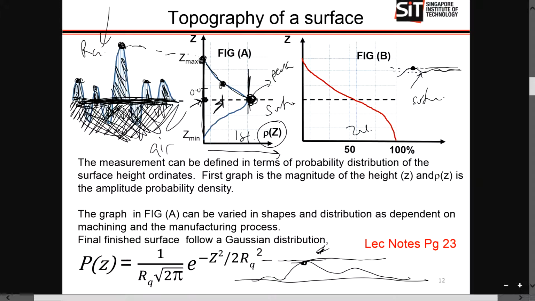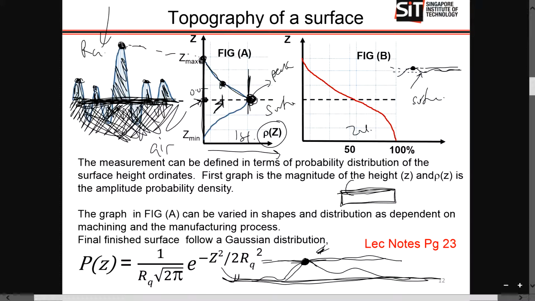You know what I mean? Because this is way too high already, right? Then you can't use this point to say that this is the surface of my material. You have to have the average, the most material at a particular surface, which is this surface. Then you will say that okay, this is my surface. So if I were to zoom out all the way, this is my material.